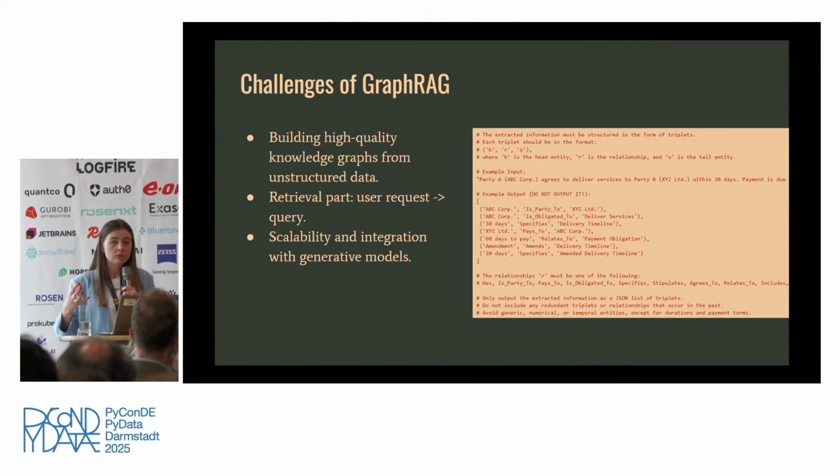How would you deal with it? How to turn the user request into a query to a knowledge graph, so the model can query the graph and have the results back, and also how to make sure that this whole thing is scalable and integrated back into your systems.